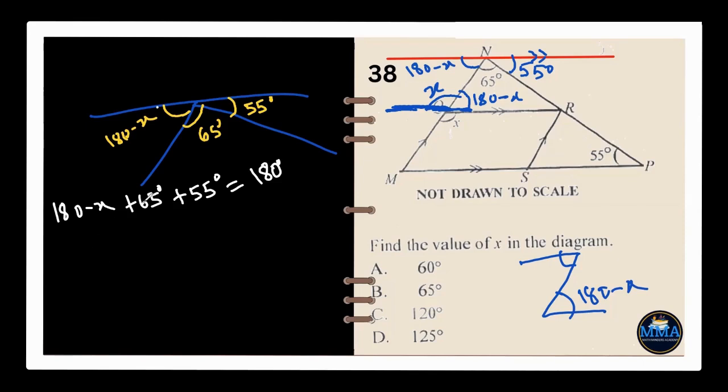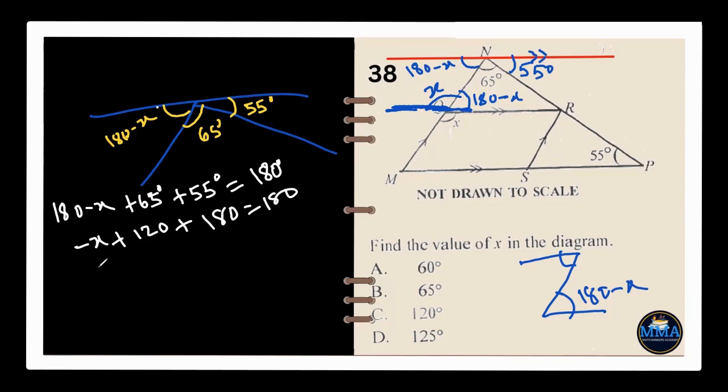So now, if you look at this 120, 120, we have minus x plus 120 plus this 180 here equals 180. So what happens?